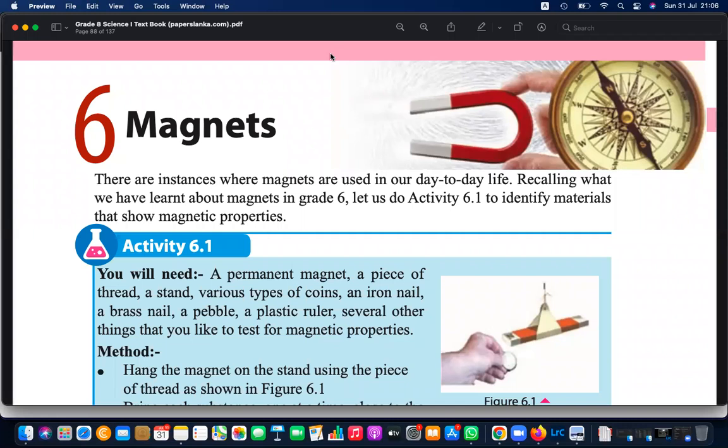Fourth chapter. When is your term going to finish, December or March? December, the December term.